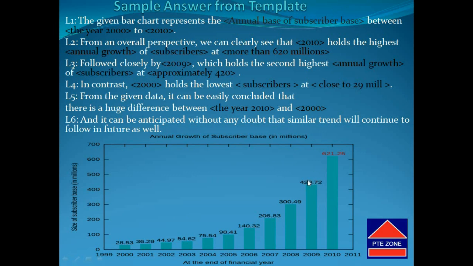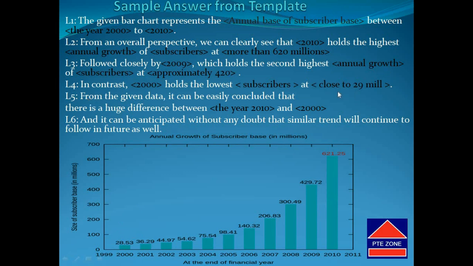So it doesn't matter, you can say 430, 420, it's okay. In contrast, the year 2000 holds the lowest subscriber at close to 29 million, right?